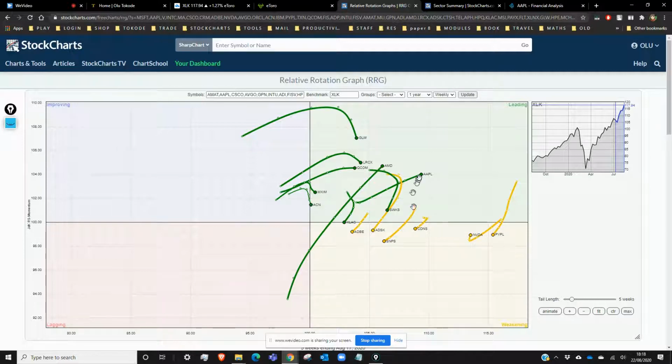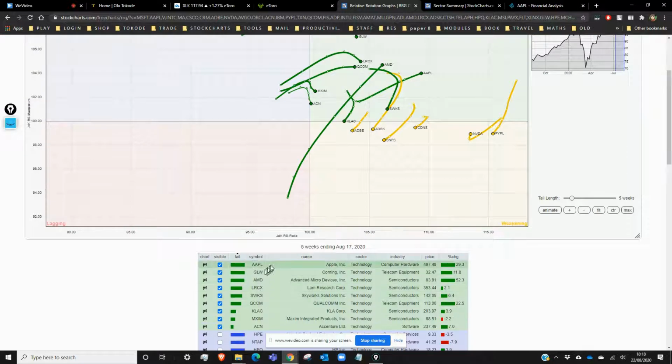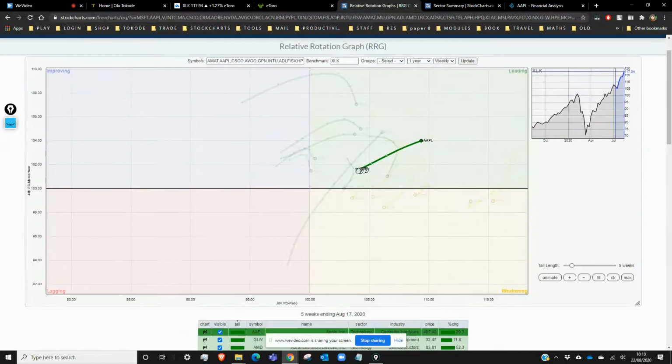I see Apple is heading in the northeast direction. So high momentum, I like that. Let me see, Apple. So this is Apple. The tail is not too long, so it's not too volatile. It's a straight line, it's heading northeast, so that's increasing momentum, increasing relative strength. That's a keeper. Keep that.